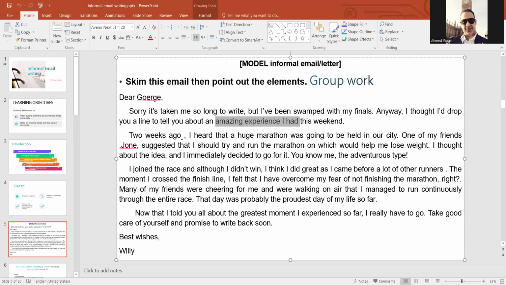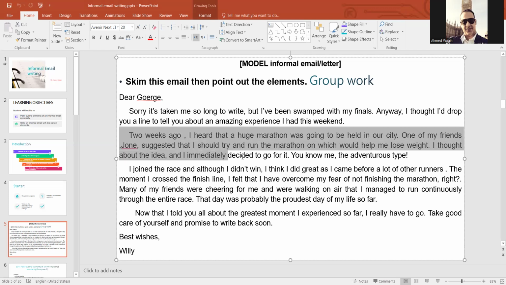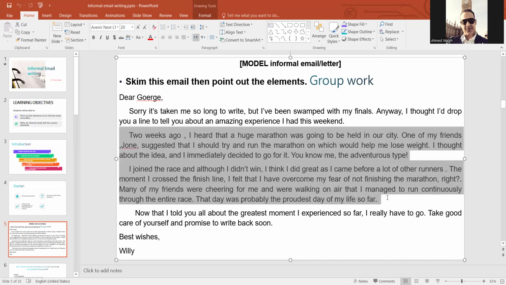Then you need to move to the main body paragraphs. What do we write exactly in the main body paragraphs? In the prompt, in the question, you will find three bullet points that you need to cover. You might cover them in two or three paragraphs, it's up to you, but not in one paragraph, at least two paragraphs.